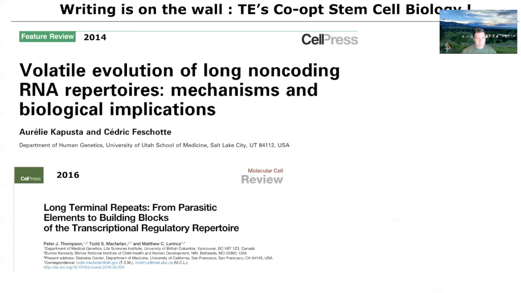There's been tons of reviews about this since, and you've read the paper, but really it's been found by many, many groups that these LTR7s are not only expressed in human stem cells, but also in the very early stages of fertility and implantation, and they're important for the human embryo implantation.